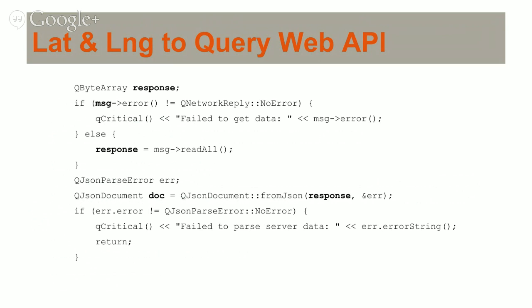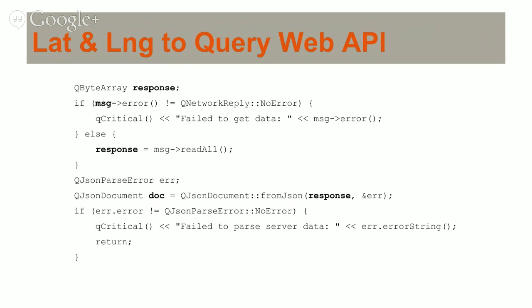If there is no error, then we use the readAll method to populate response, which is a QByteArray. A couple of steps here you have to get through to get from the network response into JSON, which we can actually parse and read.